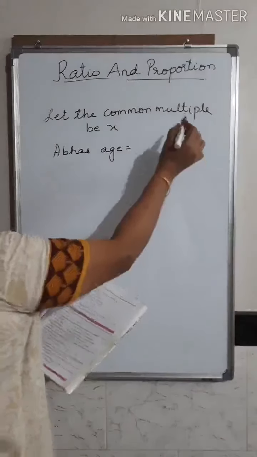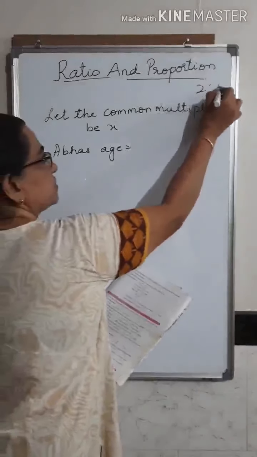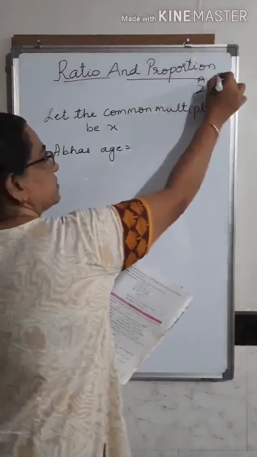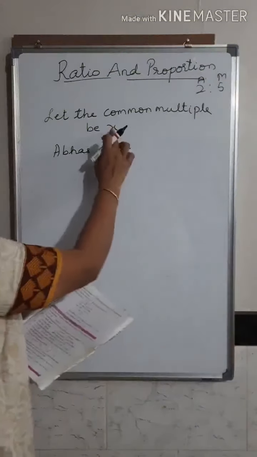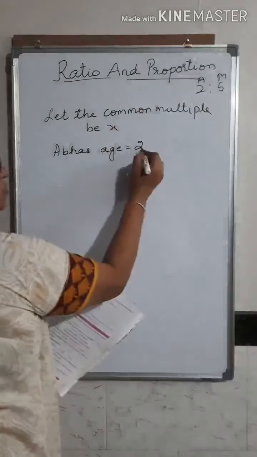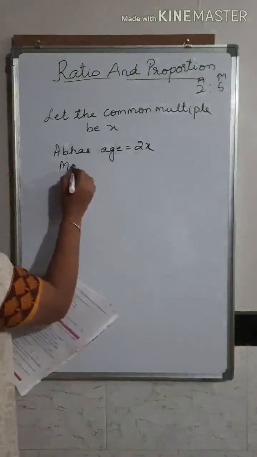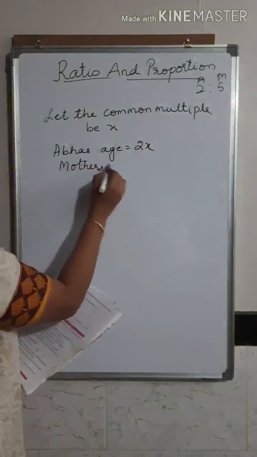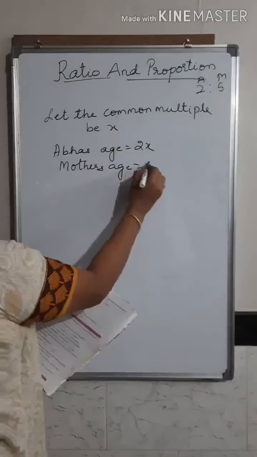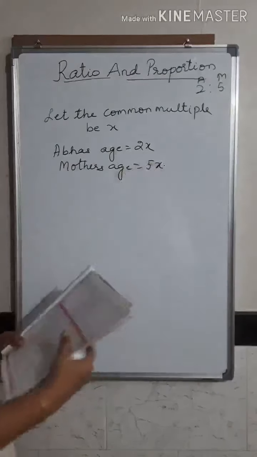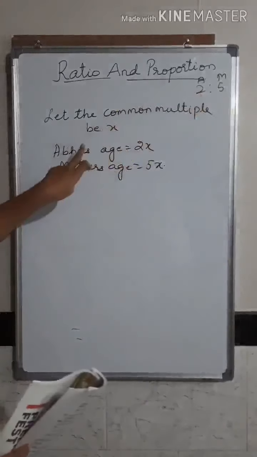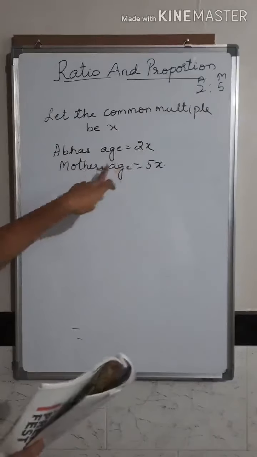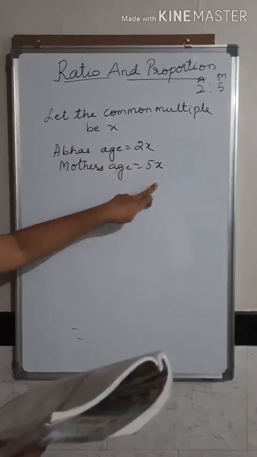This is Abba's and mother's ratio of their ages. So for Abba's age you multiply x to the first value, that is 2x, and mother's age will be 5x. So you have to first take a common multiple, multiply the ratio by the common multiple, and take Abba's age as 2x and mother's age as 5x.